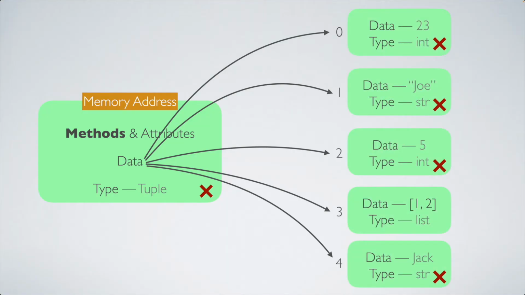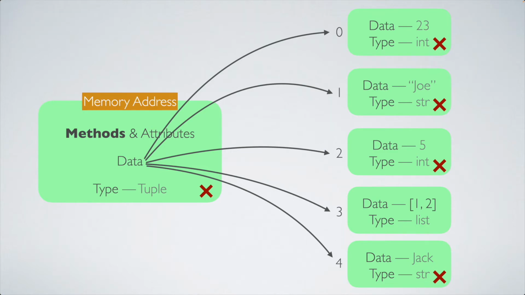Now, the key thing to understand about tuples is that the objects that you're going to save in a tuple can either be immutable or mutable. So we can save strings, numbers, and also lists and dictionaries and anything else. And because this object right here is mutable, we can go ahead and change this object specifically.